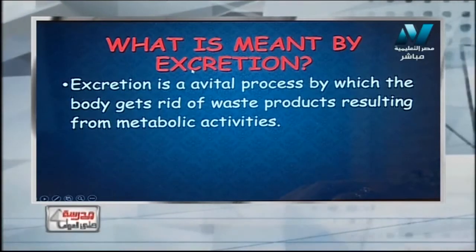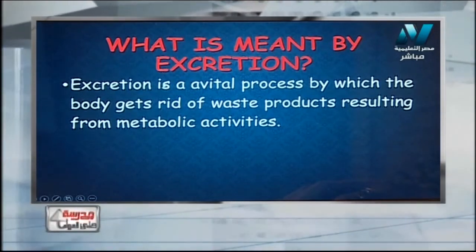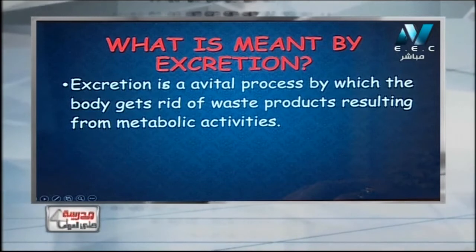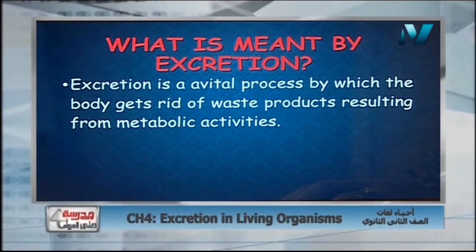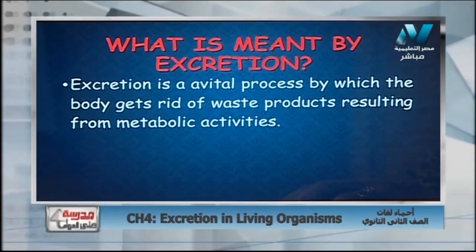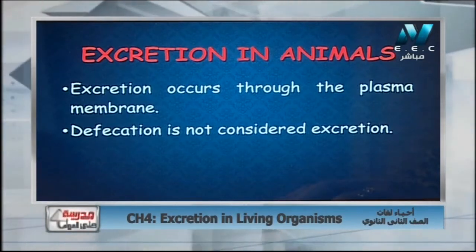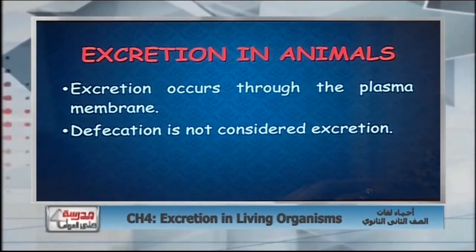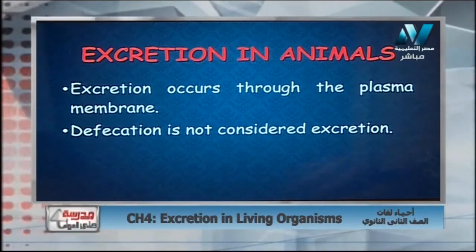What is excretion? What's meant by excretion? Excretion is a vital process by which the body gets rid of waste products resulting from metabolic activities. And excretion in plants or in animals takes place in different ways.